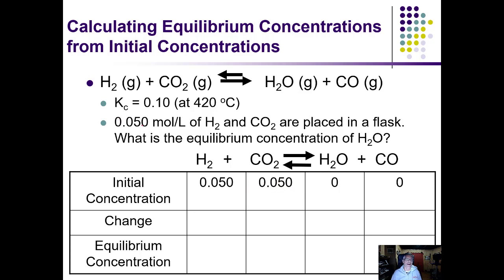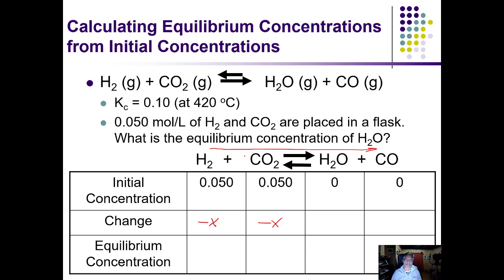We've got 0.50 molar H2 and CO2. Those are our two reactants. We haven't started the reaction yet, so it's definitely going forward because I don't have any products over here. So that's going to be 0. Let's look at what our change is going to be. Our change here is going to be minus x, and our change here will be minus x.